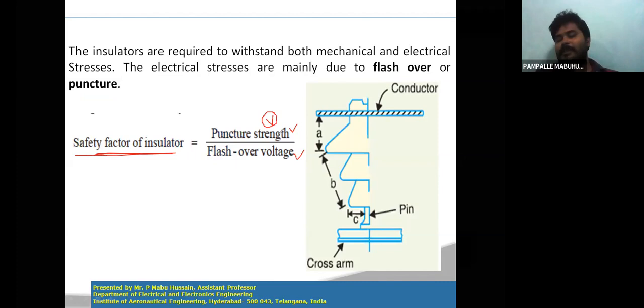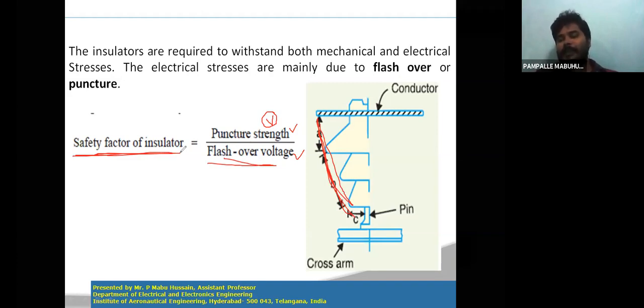This is called the puncture voltage. At what voltage the arc forms in this path is called the flashover voltage. This ratio is called the safety factor of the insulator, and it must be very high.